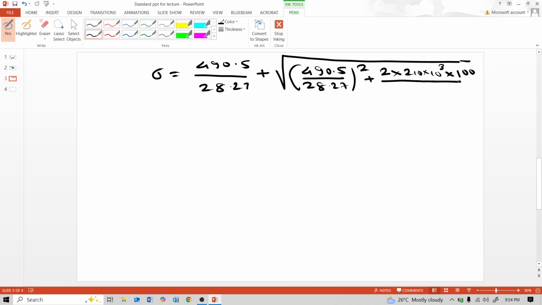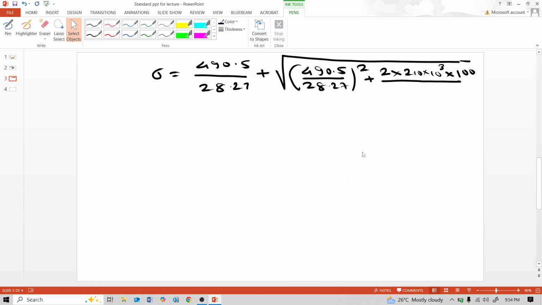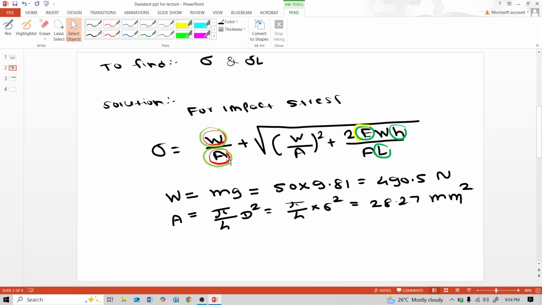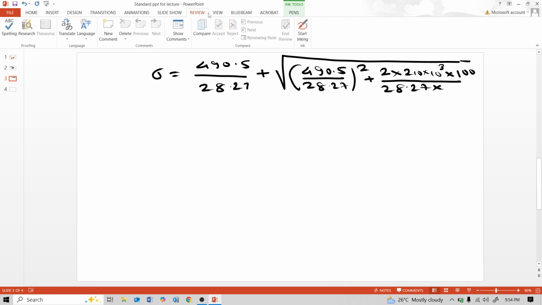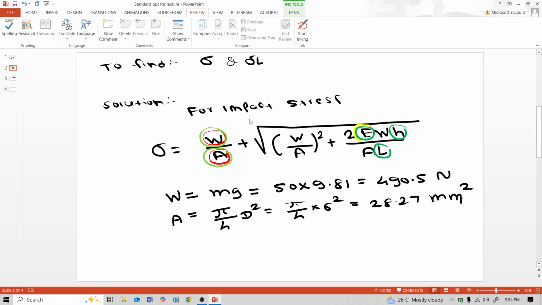So 100 mm divided by A into L. A is 28.27 and L is not 100, L is 1 meter, that means 1000 mm.